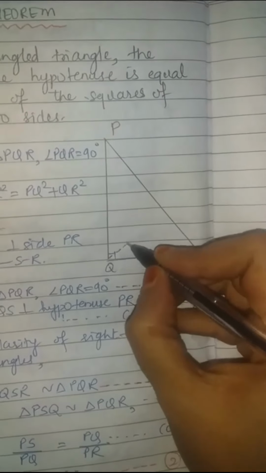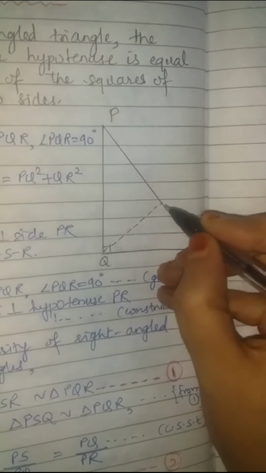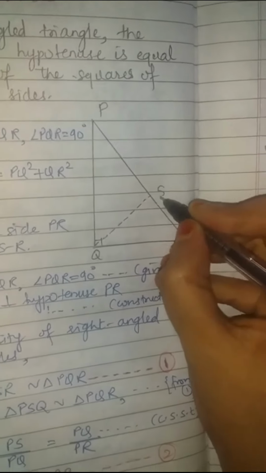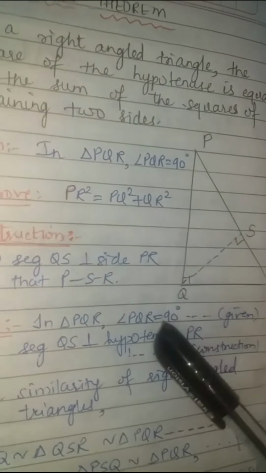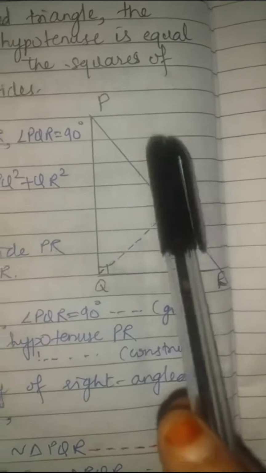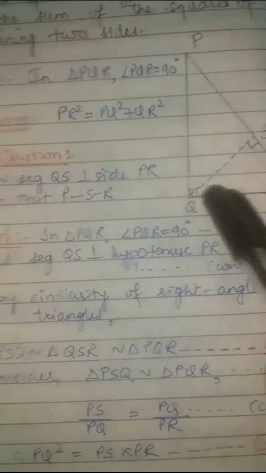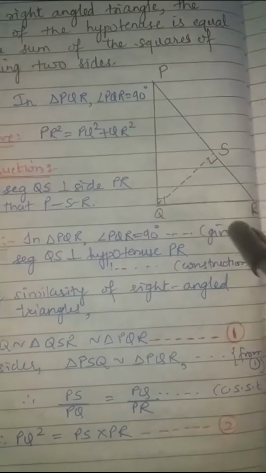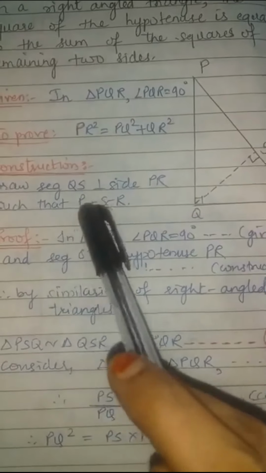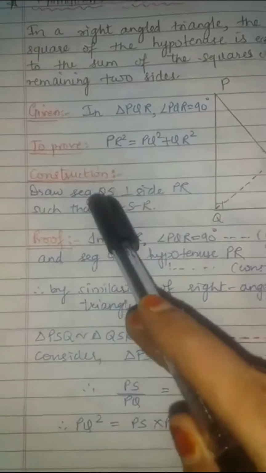From Q we are going to draw a segment in dotted lines. Since it is a construction, we draw segment QS perpendicular to side PR. So we have the betweenness condition, that is P-S-R, or point S is between the points P and R. Fine. Draw segment QS perpendicular to side PR such that P-S-R. Till here we have completed given, to prove and construction.